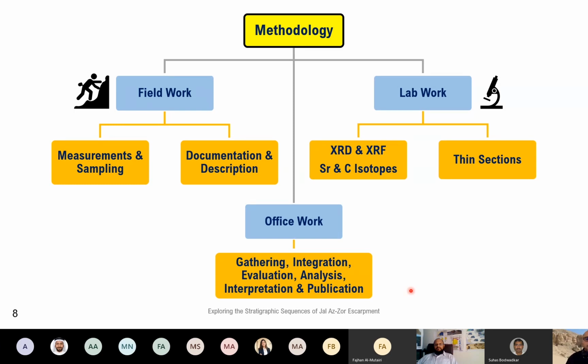The lab work was mainly for the samples that we have taken, in terms of thin sections, XRD, and XRF. Some samples have also been tested and examined by strontium and carbon isotopes. And the most important part is the office work.